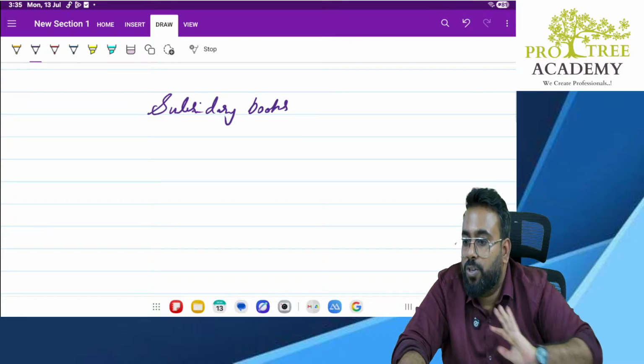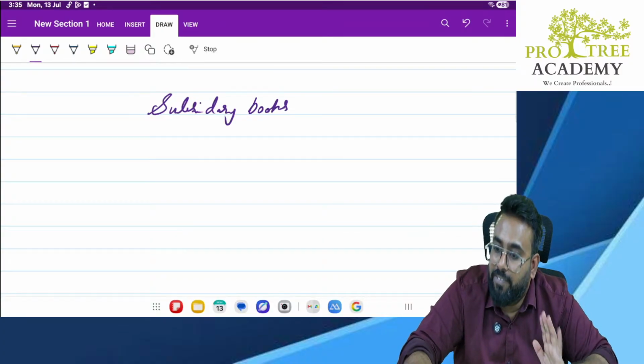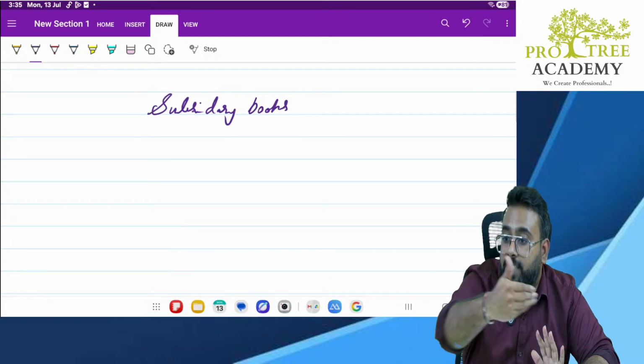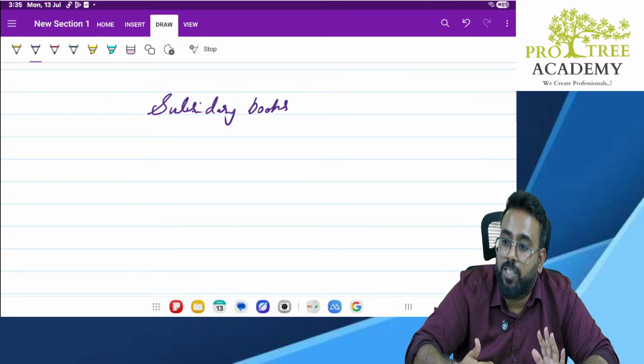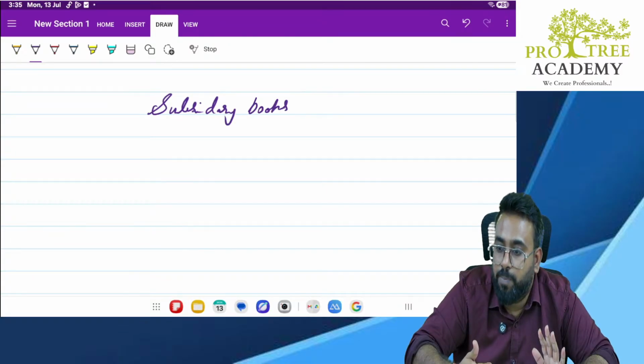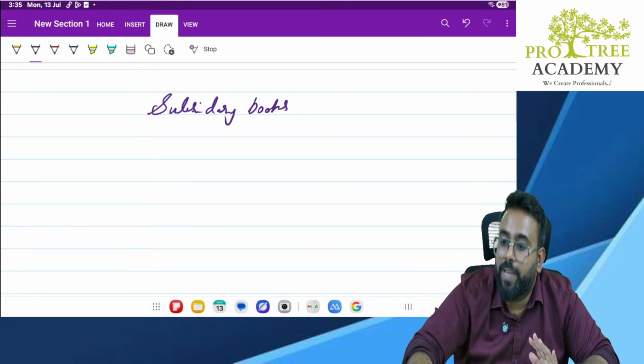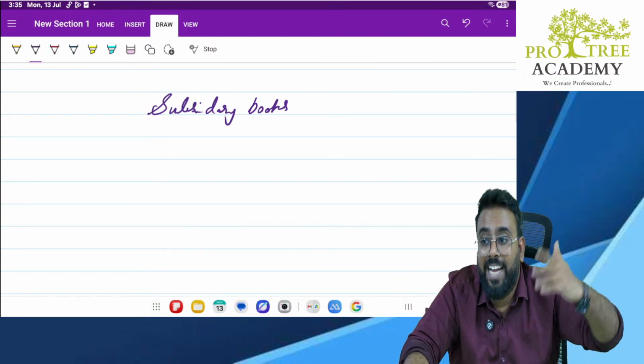That promissory note is called bills receivable. If I have accepted a bill drawn on me by somebody, it is called bills payable. Clear? Bills receivable is received from the debtors. Bills payable is given to the creditors.